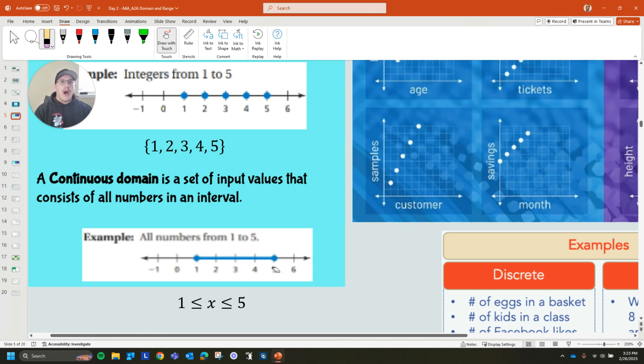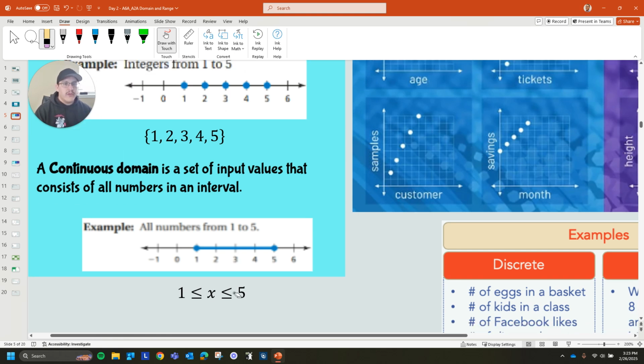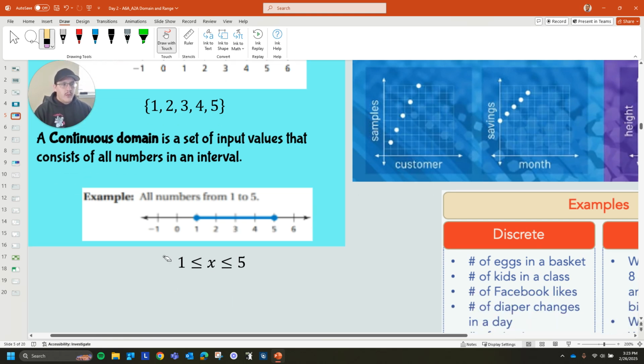And so the way we talk about continuous domain and range is if we use inequalities. So we describe the numbers between 1 and 5, and then these inequalities, depending on what we have for the dots, which I'll talk about in a little bit, will change.